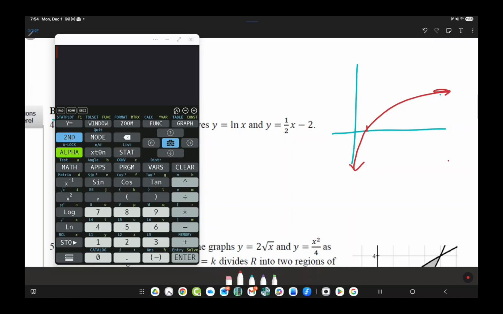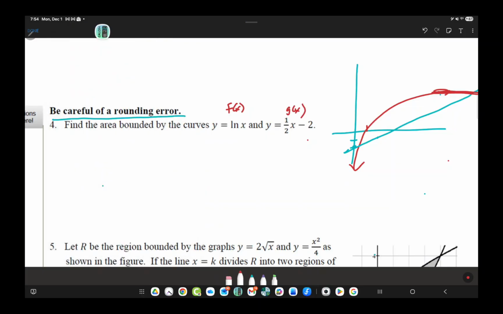And y equals 1/2 x squared minus 2 starts at -2, goes up half. I don't know exactly where they will intersect, but it's going to intersect somewhere way out there. But that's what it looks like. So we do know that this is your f of x and this is your g of x. That's easy enough. What I don't know is where they intersect.